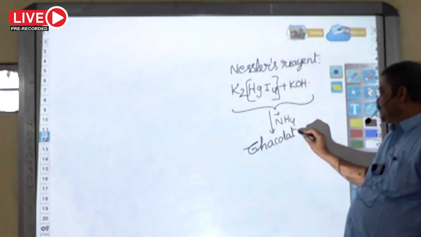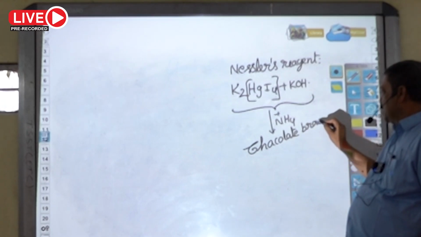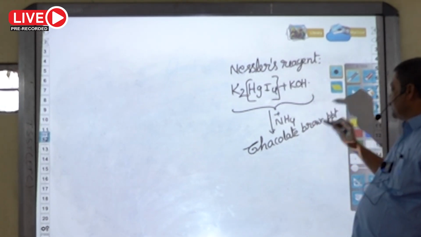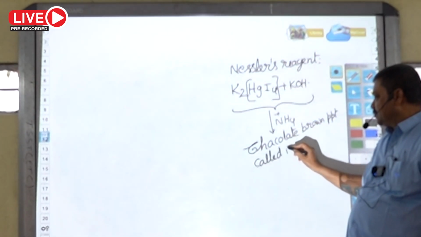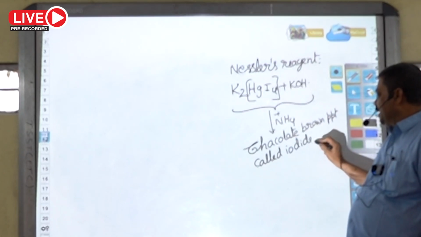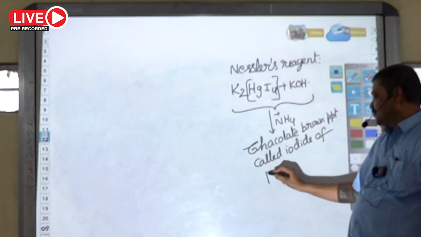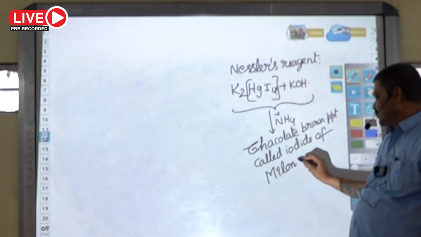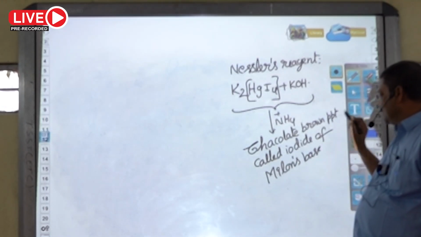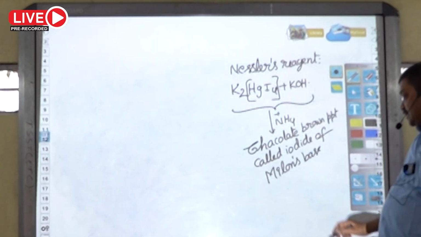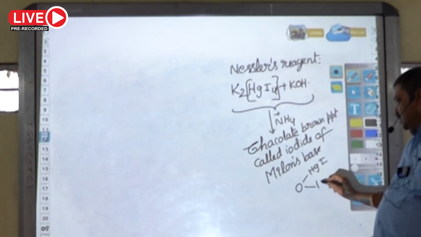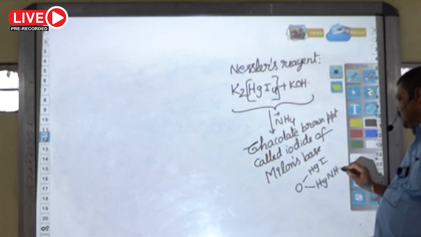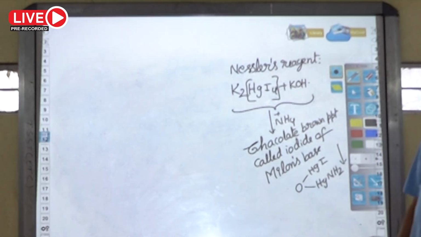The chocolate brown precipitate is called iodide of Millon's base, OHg2I NH2 (HgNH2). That is the chocolate brown precipitate.